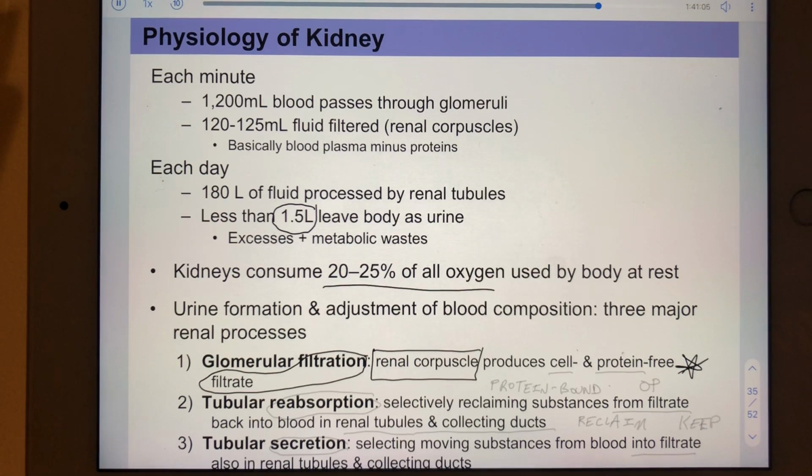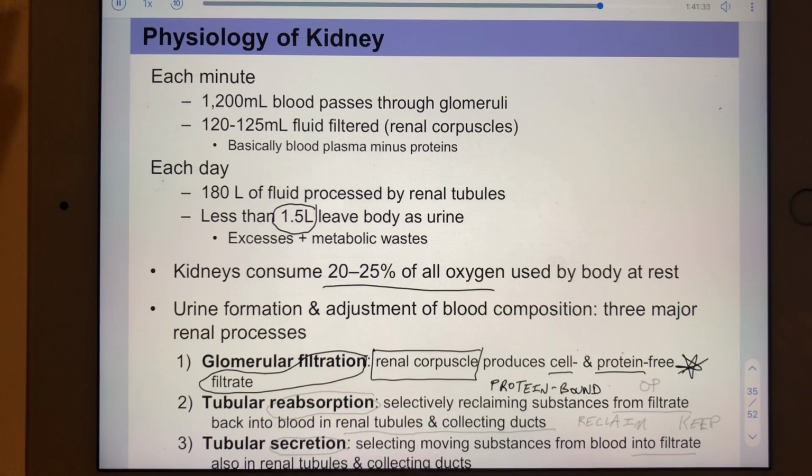And filtrate is everything but cells, proteins, protein-bound substances. They might be small, but if they're attached to larger proteins, then we have a hard time drawing them into the filtrate, okay?